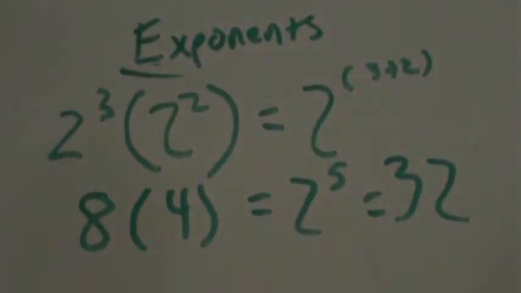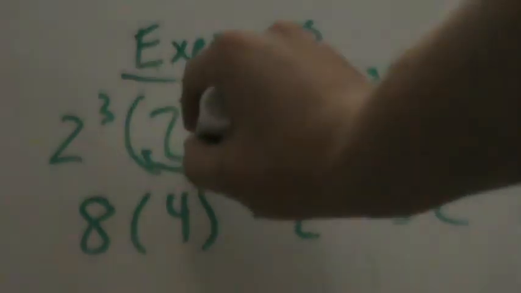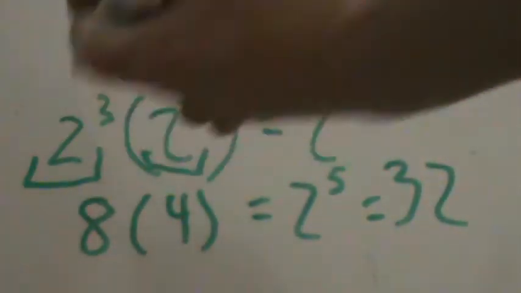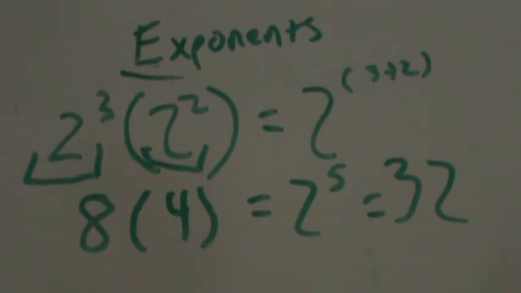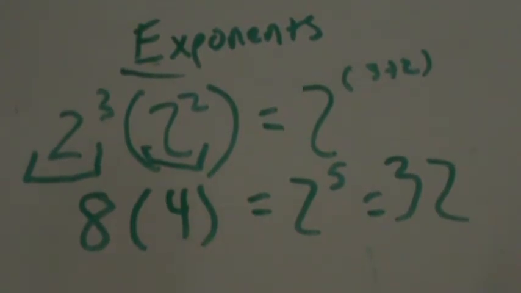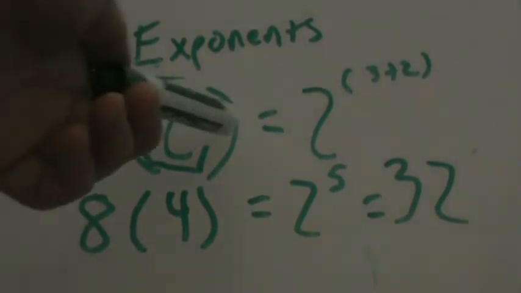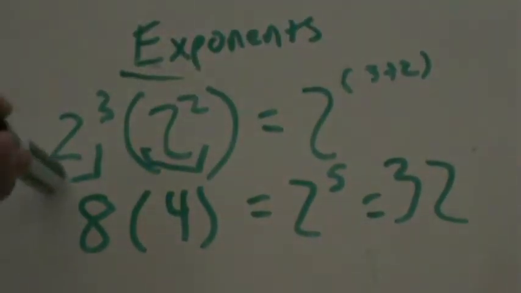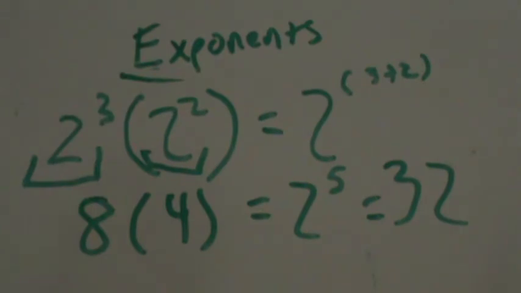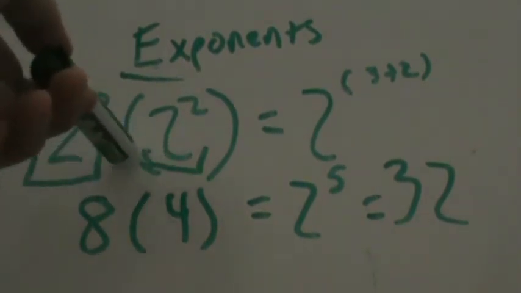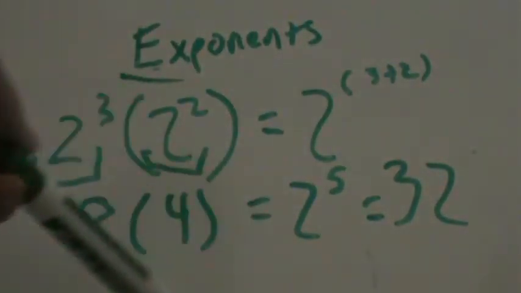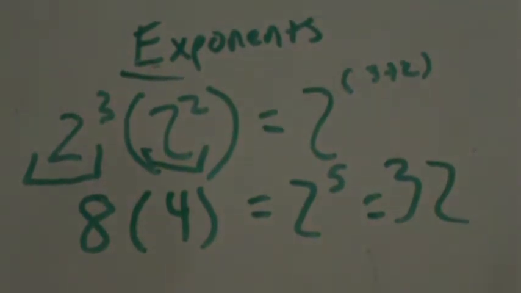Now, the only situation this works is if the bases are equivalent. Okay? You can only do this with multiplication if the bases are equivalent. The only reason you can add these exponents together is that they have the same base. If these had different bases, you could not do it because it would not maintain equivalency.